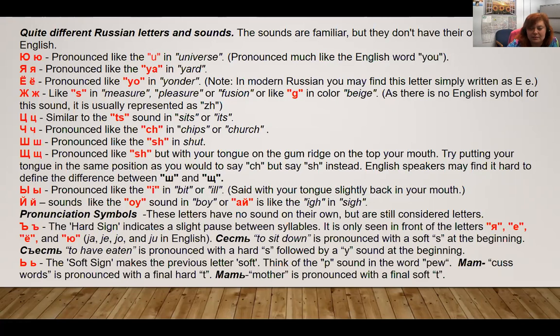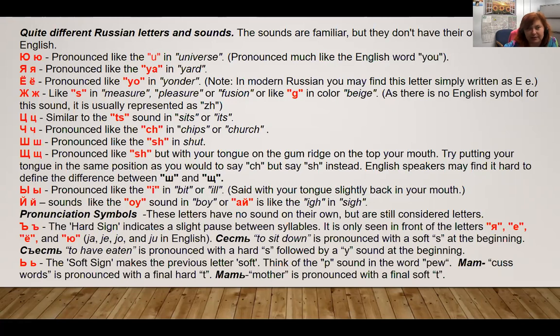is a very, very interesting phenomenon. It's a letter, ya. It's a pronoun, ya, which means I. And it's the whole sentence, because in the Russian language there are sentences that can be just one word. In this case, you can say ya, and it will be the whole sentence.